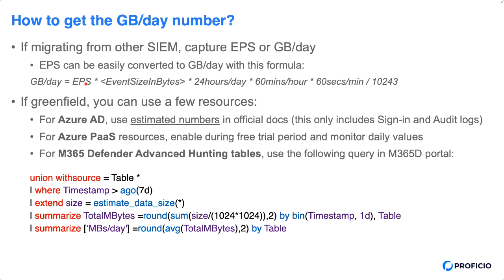You can see the number of EPS multiplied by the event size in bytes, then by 24 hours daily, 60 minutes per hour, 60 seconds per minute, and divided by this number. That's the formula that allows you to get gigabytes per day from EPS, right?